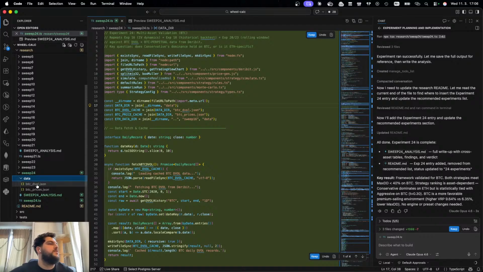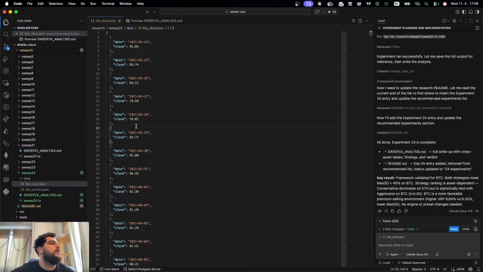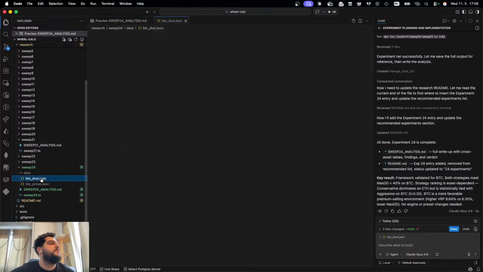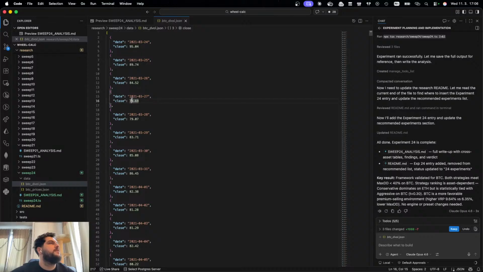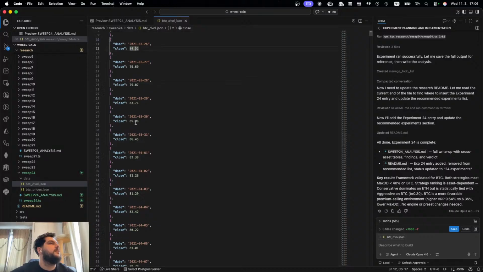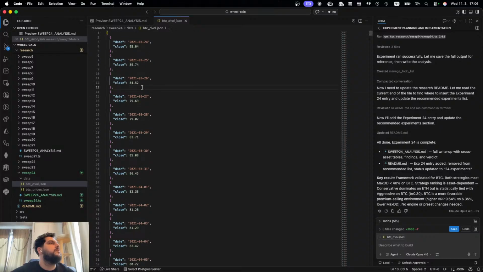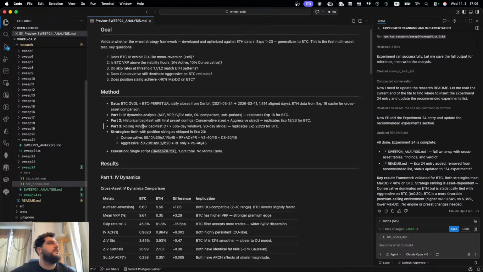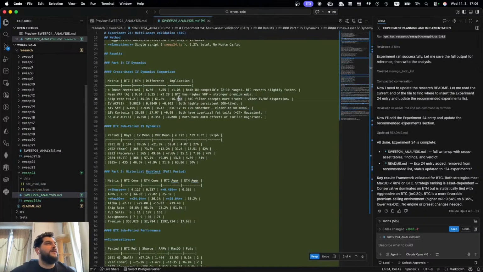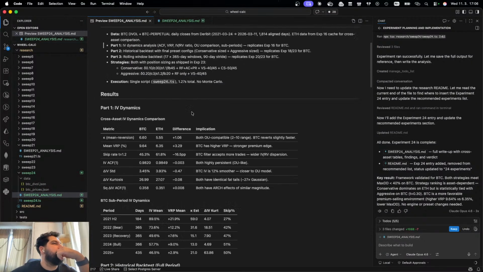Ah, okay, it has its own data now with BTC prices. Coin price. No. Or is it volatility? Yes. Okay, so let's take a look.